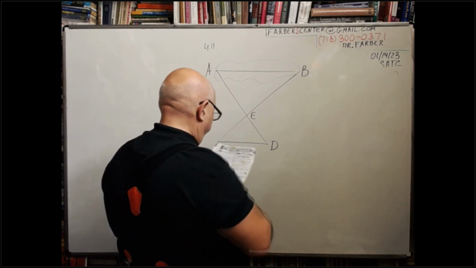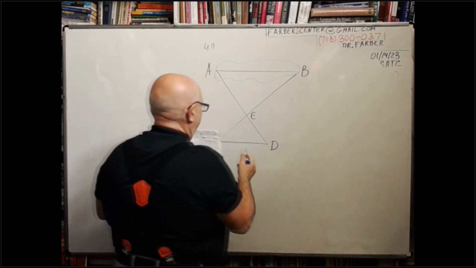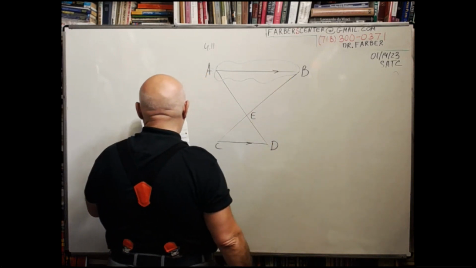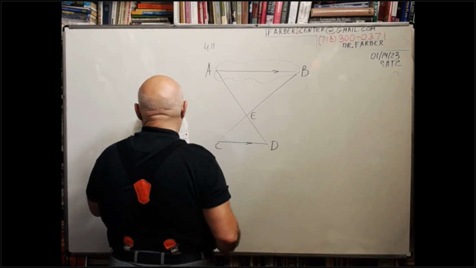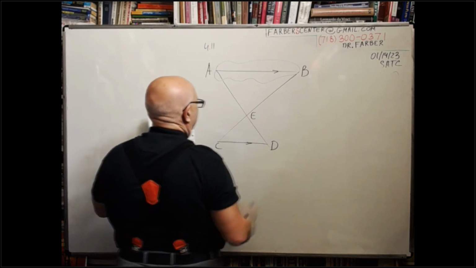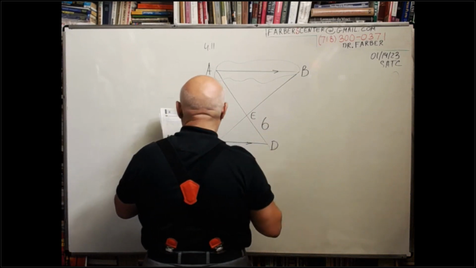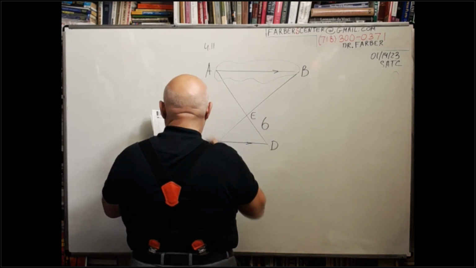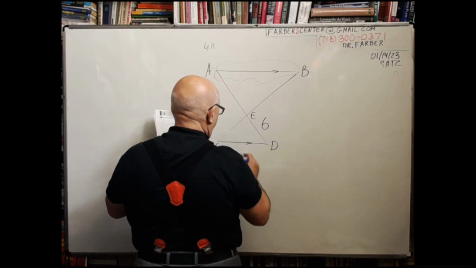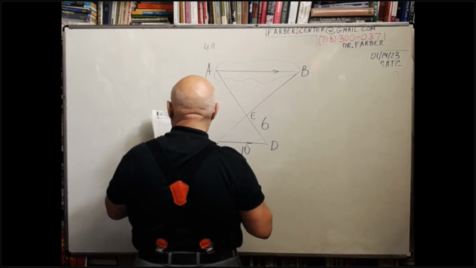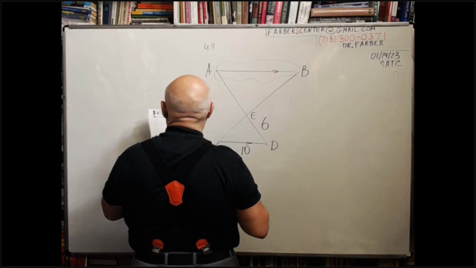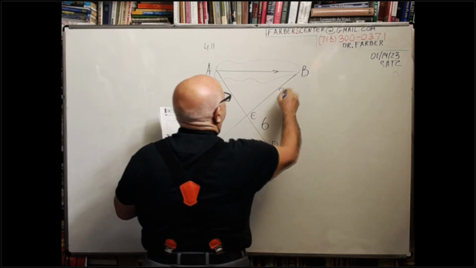Okay. AB is parallel to CD. This is how you denote the parallel. DE equals 6. Where is DE? This is 6 feet. CD equals 10 feet. BC, where is BC? 300 feet.